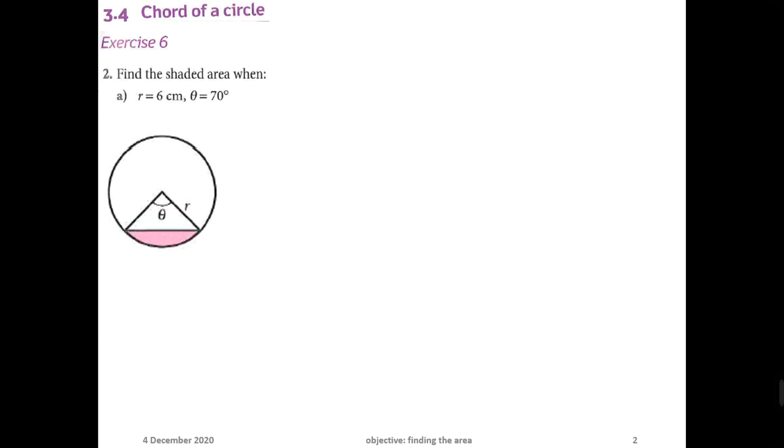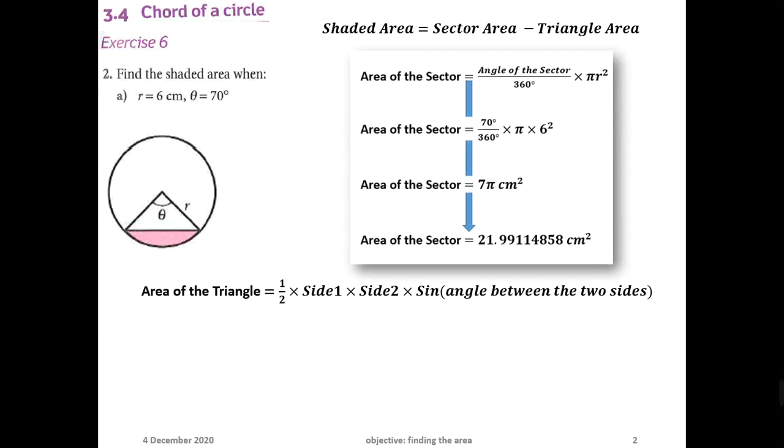Now, we want to find the area of the isosceles triangle. So we start by writing the general formula for the area of a triangle, which is half times side 1 times side 2 times sine of the angle between the two sides. The sides of the isosceles triangle are equal to the radius of the circle.